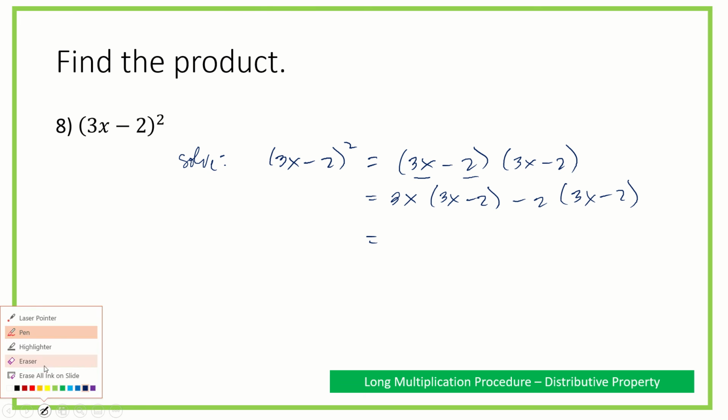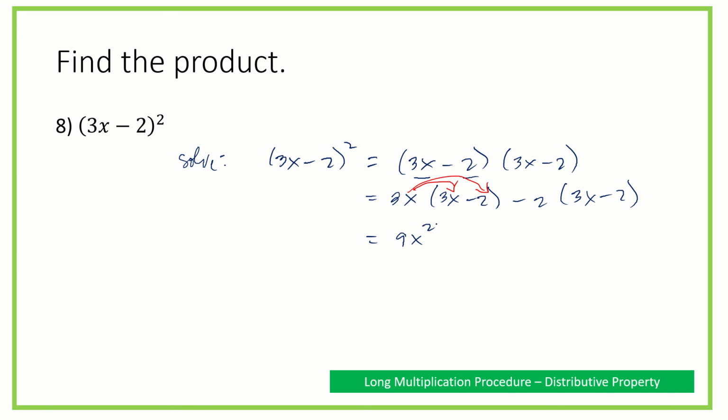And then we distribute 3x to 3x and 3x to negative 2. So you will get 9x squared minus 6x. And then we go to our negative 2 and we distribute that to both terms. And you will get negative 6x, because negative 2 times 3x is negative 6x.